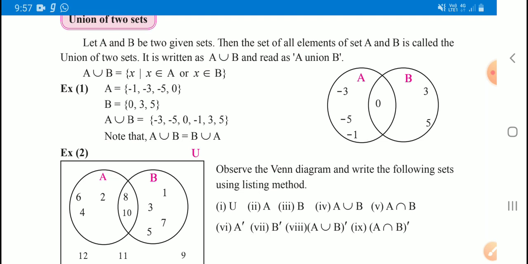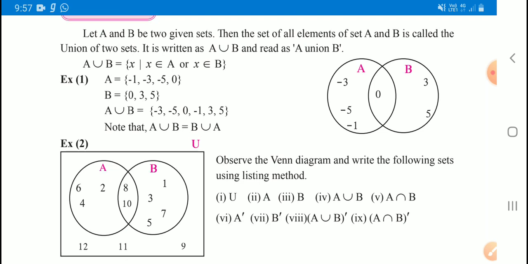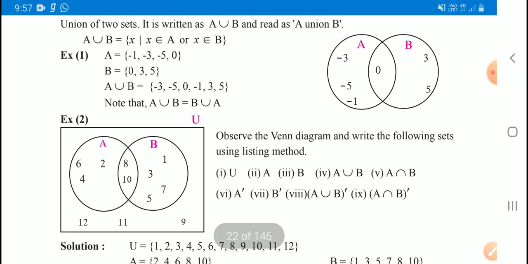Now they have given one example here. A is equal to -1, -3, -5 and 0. And B is equal to 0, 3, 5. Therefore, A union B is equal to -3, -5, -1, 0, 3 and 5. Means all the elements from both the sets.